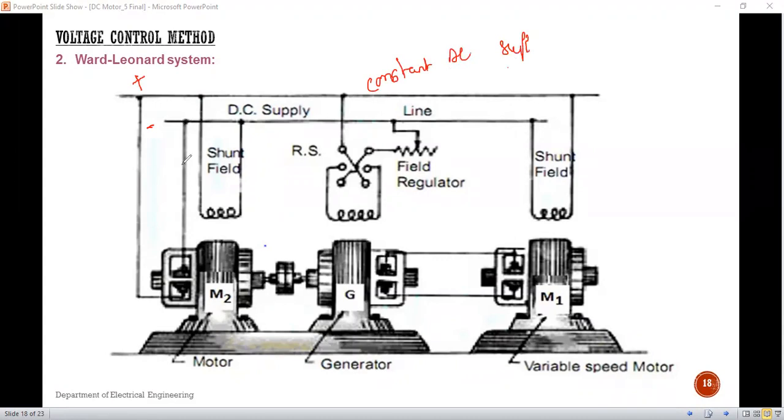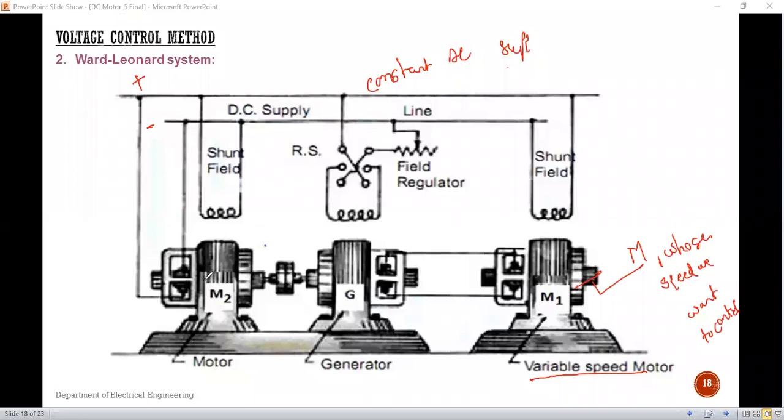See now, this motor, that is M1, is the motor whose speed we want to control. त्याचं स्पीड आपल्याला काय करायचं आहे, whose speed we want to control. ओके, याचं स्पीड आपल्याला या मोटर M1 चं स्पीड काय करायचं, कंट्रोल करायचं. So for controlling the speed of that motor, this motor is nothing but a variable speed motor whose speed we want to control.